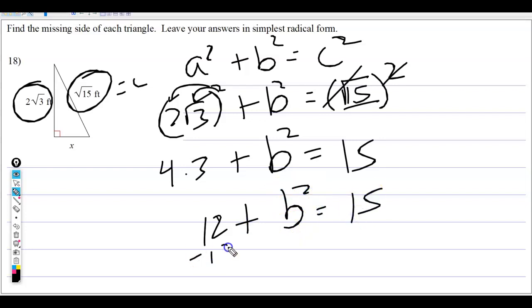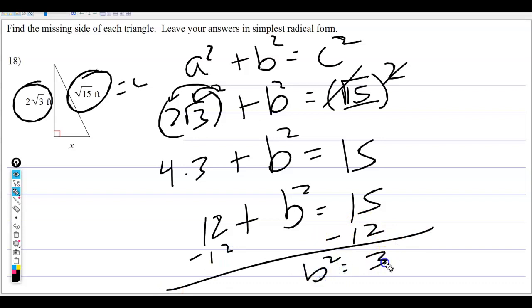And if I subtract 12 on both sides, I can get b squared equals 3. Finally, if we take the square root on both sides, we can find out that b is equal to the square root of 3, which is what this last side would have to be.